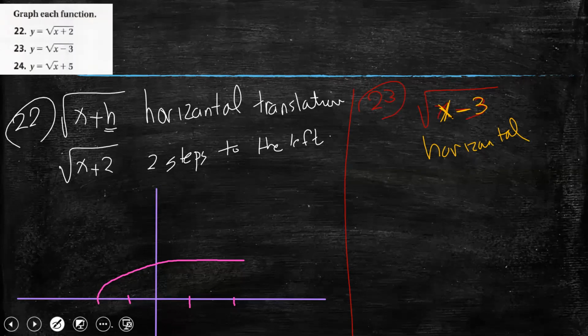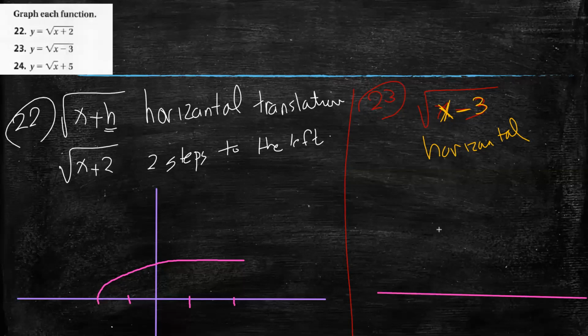So 3 to the right. Here, you have to do the same now. This is the parent function. Now, 3 to the right, as I told you. So here we have 1, 2, and 3.